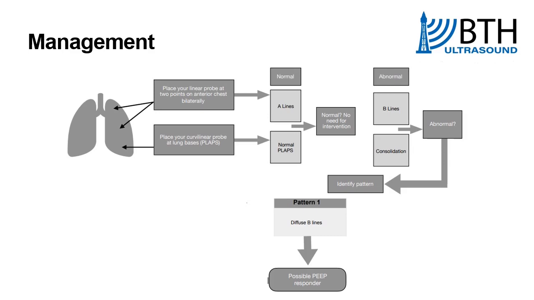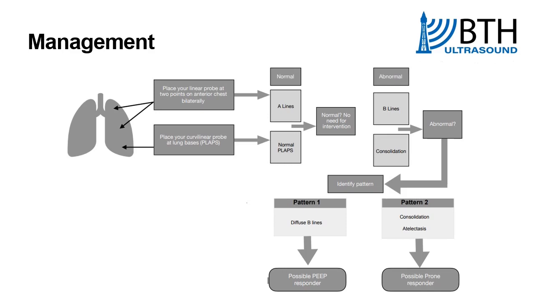Or, as is happening more and more, they are PEEP responders, but it's used non-invasively by CPAP. So these are the ones that if they're having a deterioration, then maybe certainly benefit from non-invasive ventilation, and particularly CPAP.